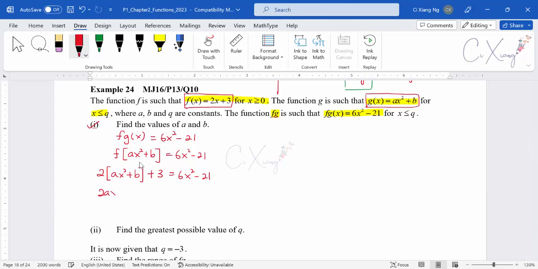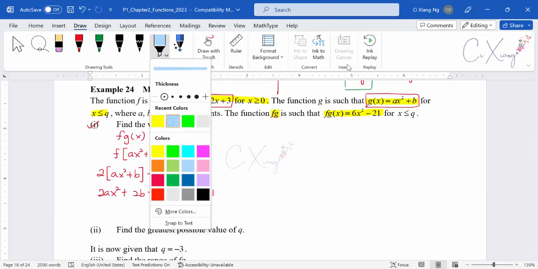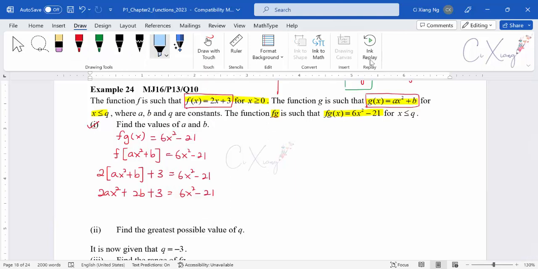Now I expand it and compare the left hand and right hand sides. I'm looking for the coefficient of x^2 compared with the right hand side's coefficient of x^2. So you can see that 2ax^2 equals 6x^2.